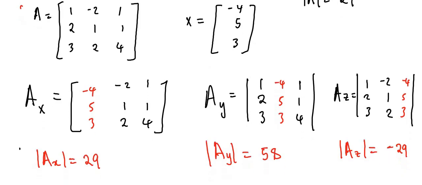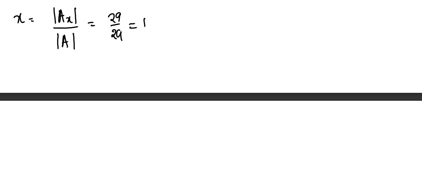Then once you're done, you can now show how we get the values of X, Y, and Z. To get X, we just say the determinant of AX divided by the determinant of A, which is just going to be 29 over 29. So that's how we get the 1. Then to get Y, we'll say the determinant of AY over the determinant of A, which is 58 over 29.